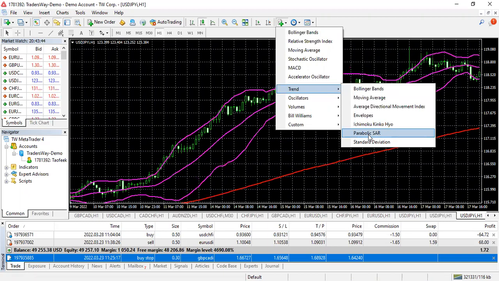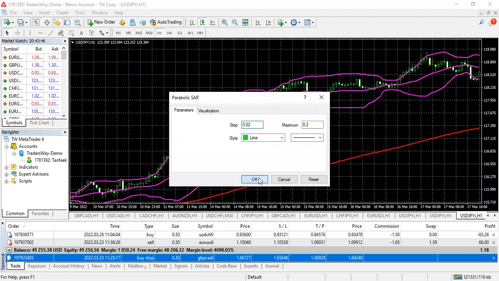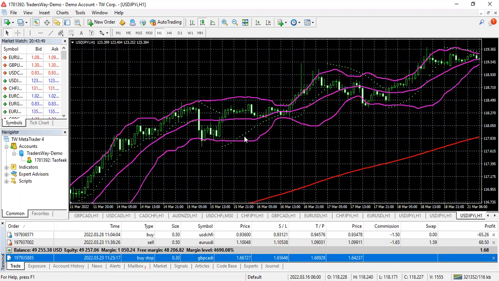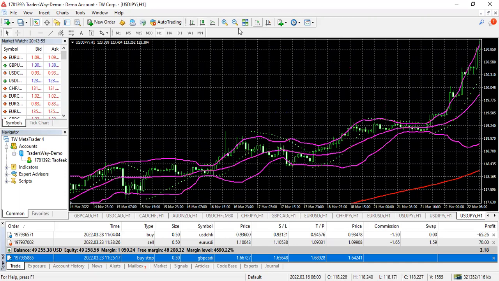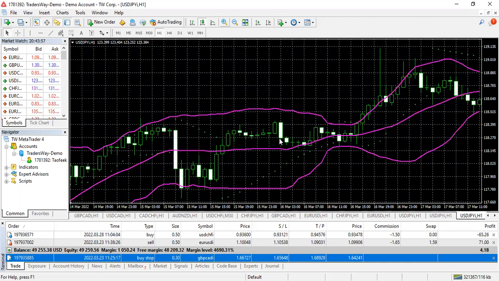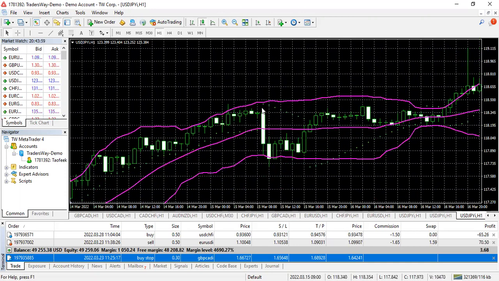We still have parabolic SAR. Let me use it for an example. Can you see? This one will only be giving us dots. Let me zoom it for you. When there are dots above the market, it means it is a downtrend. When there are dots below the market, it means it is an uptrend, something like this.